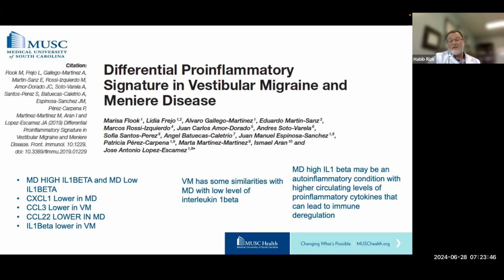And that raises the possibility that Meniere's disease is an autoinflammatory condition with higher circulating levels of pro-inflammatory cytokines. And autoinflammatory conditions are things like migraine, like asthma, like periodic fever. This is the type of pathologies that can be listed under an autoinflammatory condition.